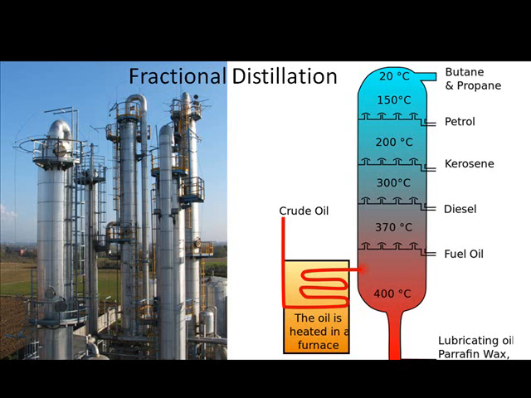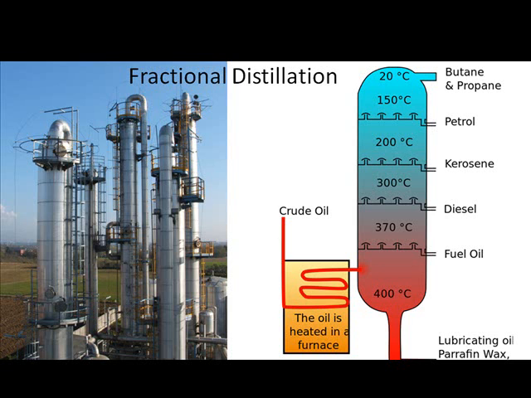What you do is you take the crude oil and heat it up in a furnace, and that's what's happening in that green squiggly line. The crude oil is heated, and all of those different liquids, diesel, fuel oil, kerosene, petrol, turn to the gas state. So you change it from a liquid to a gas state.